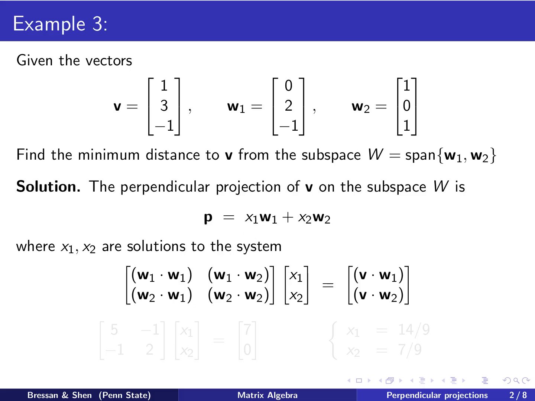So it's a linear combination of W1 and W2 with coefficients x1 and x2, and these are the unknowns for our problem. We need to find these x1 and x2.